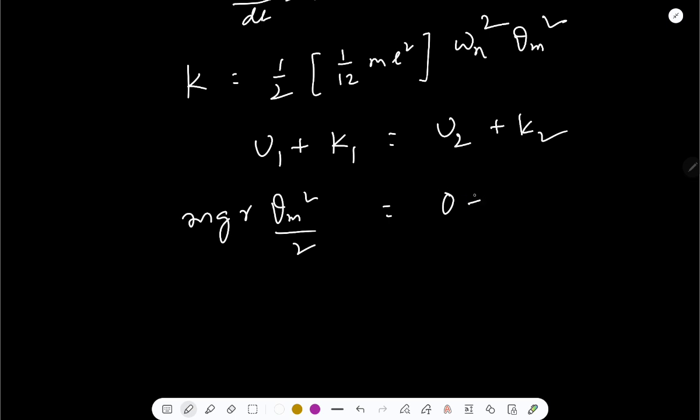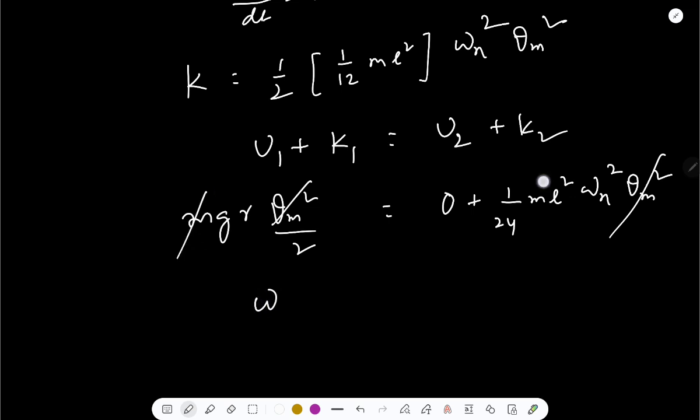And kinetic energy is 1 upon 24 ml square omega n square theta m square. And you can do one thing, you can just cancel them out, and many other things will get cancelled.